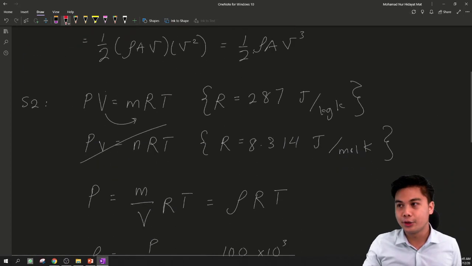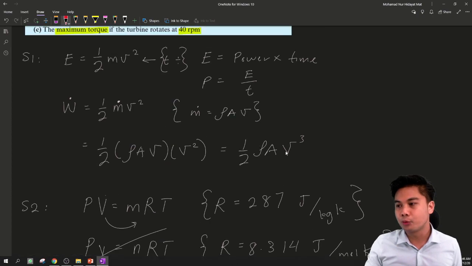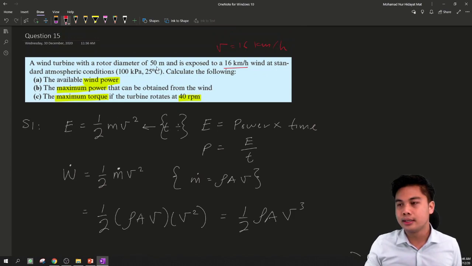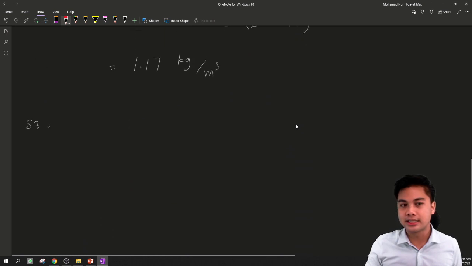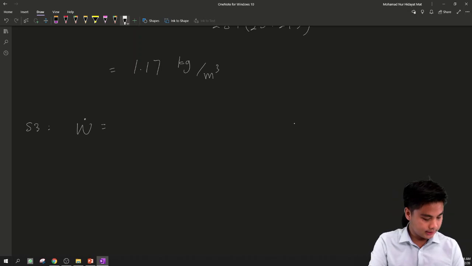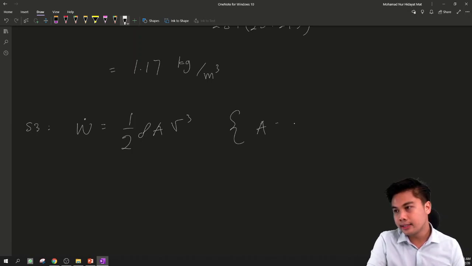This is not an SI unit. Based on the velocity given, we have the density, and the area from the diameter of 50 meters. We can use the cross-sectional area. The power from the fluid given previously is 1 over 2 rho A V cubed, and the area is pi r squared.